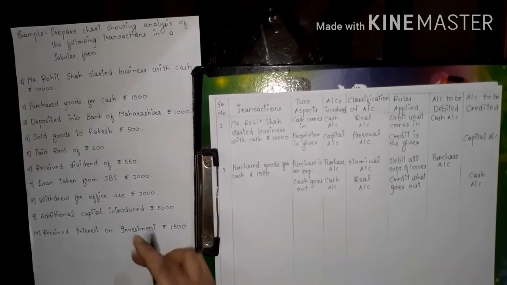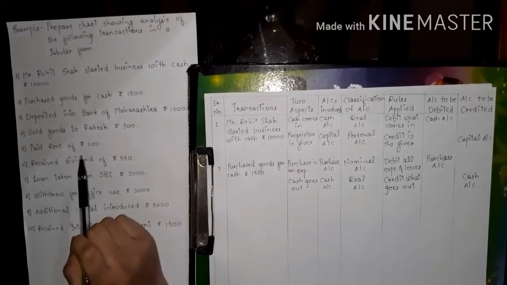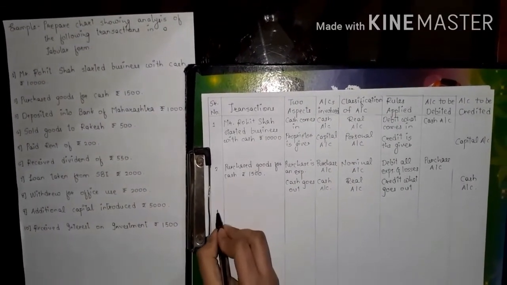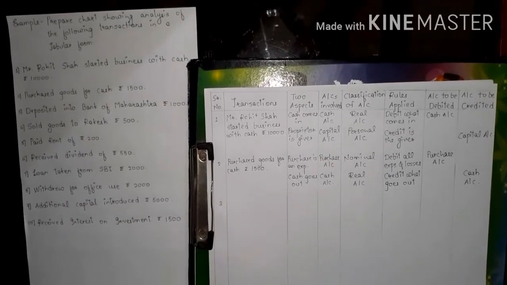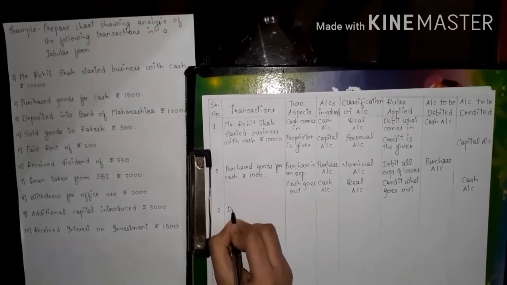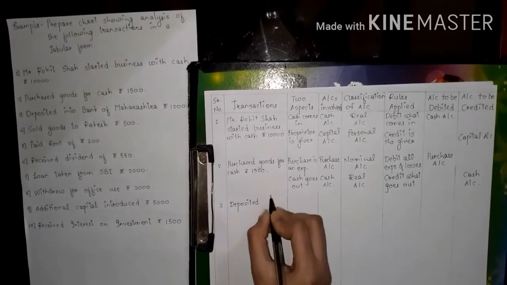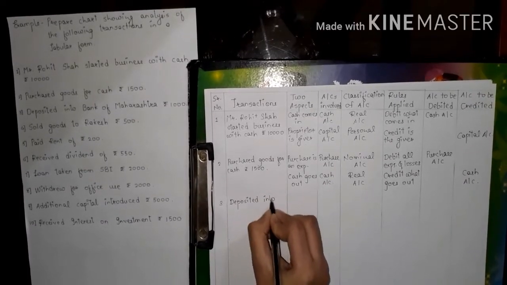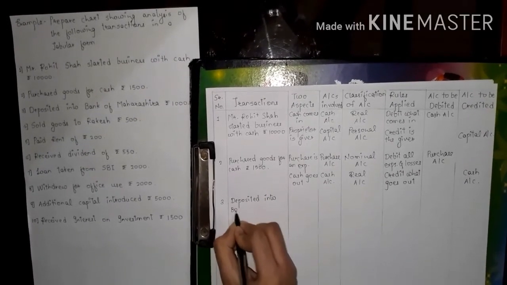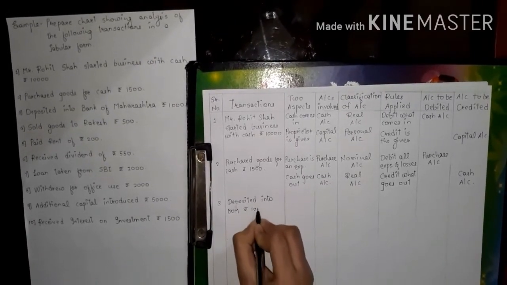Let's see the third. Deposited into Bank of Maharashtra rupees 1000. Now we will write here the third serial number transaction. Let's write the transaction: deposited into, I will write the short form over here, BOM, that is Bank of Maharashtra, rupees 1000.